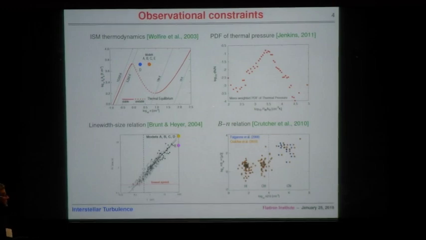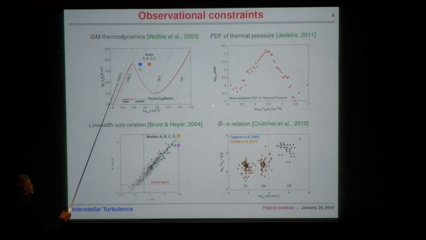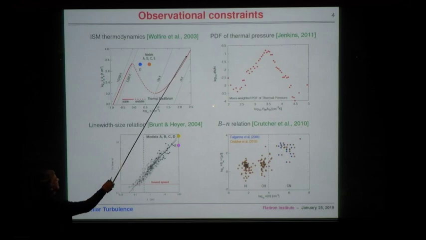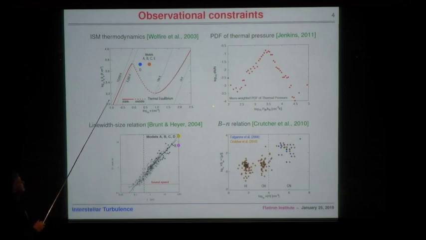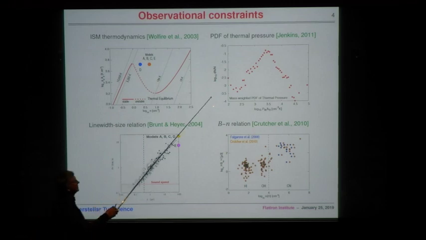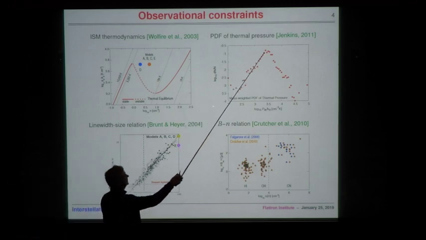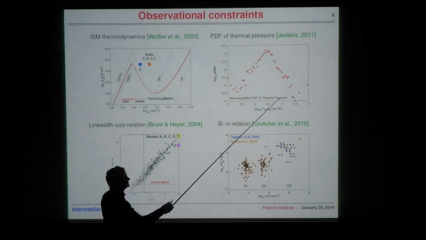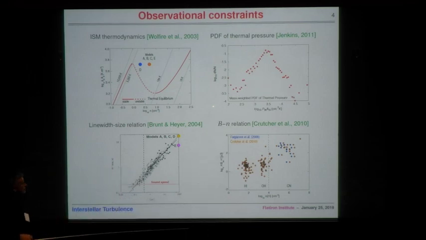We parameterize the model in order to match the conditions at the solar circle, corresponding to local molecular clouds, which have low star formation rates. We tune the thermodynamics to reproduce the thermal equilibrium curve quantified by Wolfire et al. 2003. We want to check whether we are able to reproduce the mass-weighted thermal pressure distribution in the local ISM.